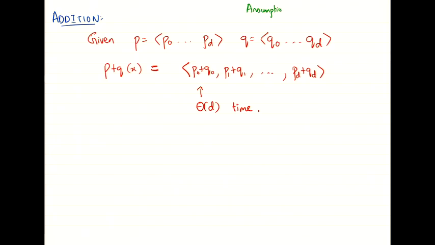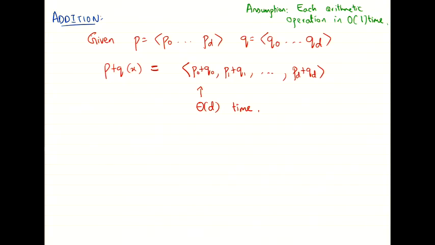So the assumption is each arithmetic operation takes order one time. This is a typical way now. This is what happens typically with numbers on your computer. You have a 32-bit number and each operation, addition, multiplication is constant time. So that's going to be the way we'll work. Okay, so addition is easy.